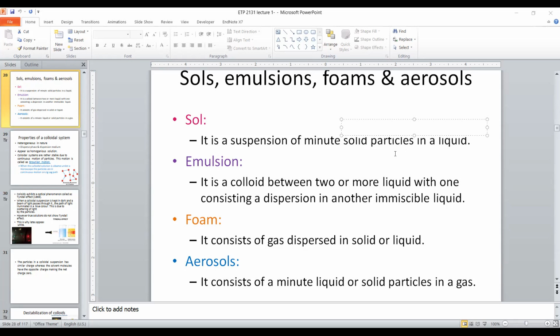The spelling mistake, when I saw it's C, not D. Now here you have two liquids. One is immiscible with the other. So the major component and minor component are immiscible, and the dispersing medium will be a liquid, and the dispersed phase or the particle is an insoluble liquid. As a form of a minute droplet, it is dispersed inside.